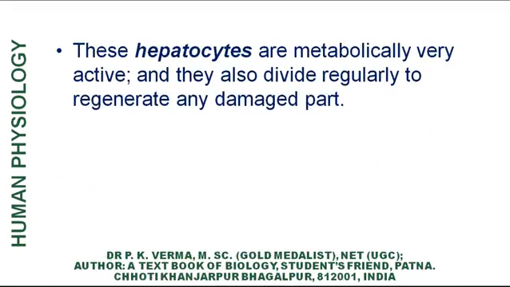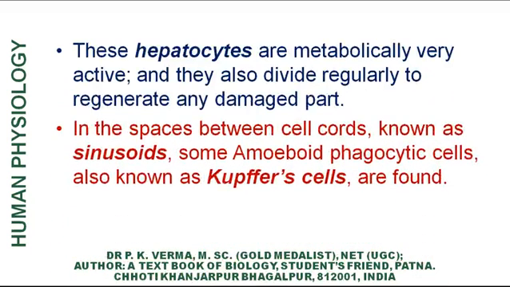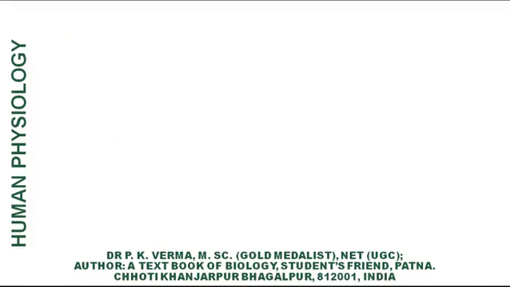These hepatocytes are metabolically very active and they also divide regularly to regenerate any damaged part. In the spaces between cell cords, known as sinusoids, some amoeboid phagocytic cells, known as Kupffer cells, are present.